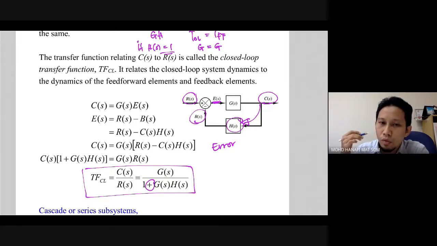You get the error by summing the desired input with the actual output, B(s). So E(s) equals R(s) minus B(s).